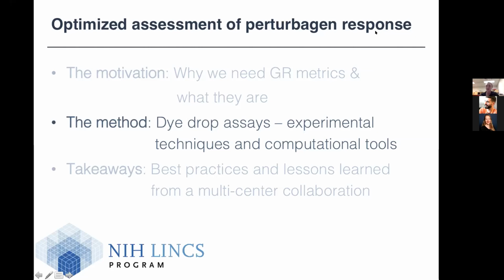Okay, so I'll move into the experimental methods that we typically use in the Laboratory of Systems Pharmacology at HMS to conduct our dose response studies. I will, I think, probably spend the bulk of the time discussing experimental techniques, but I will touch on the computational tools as well.